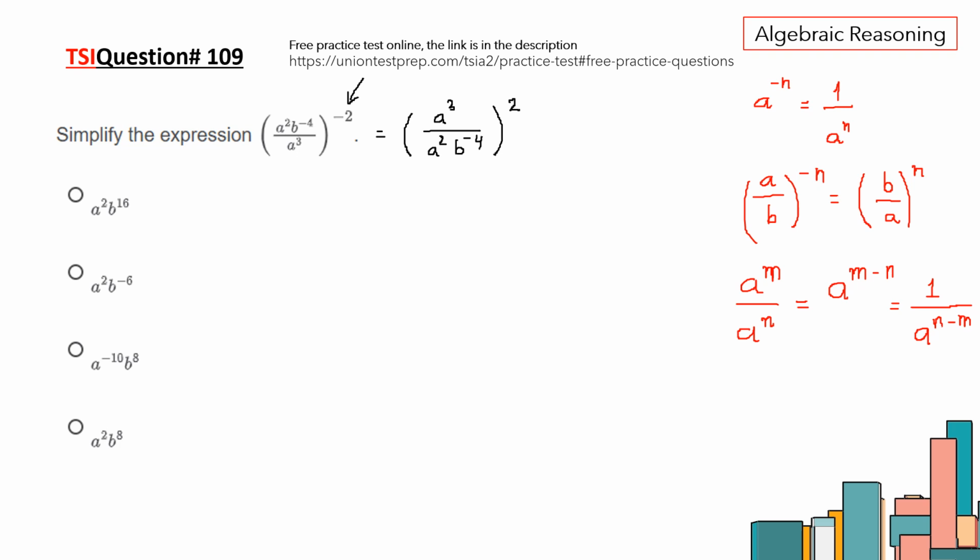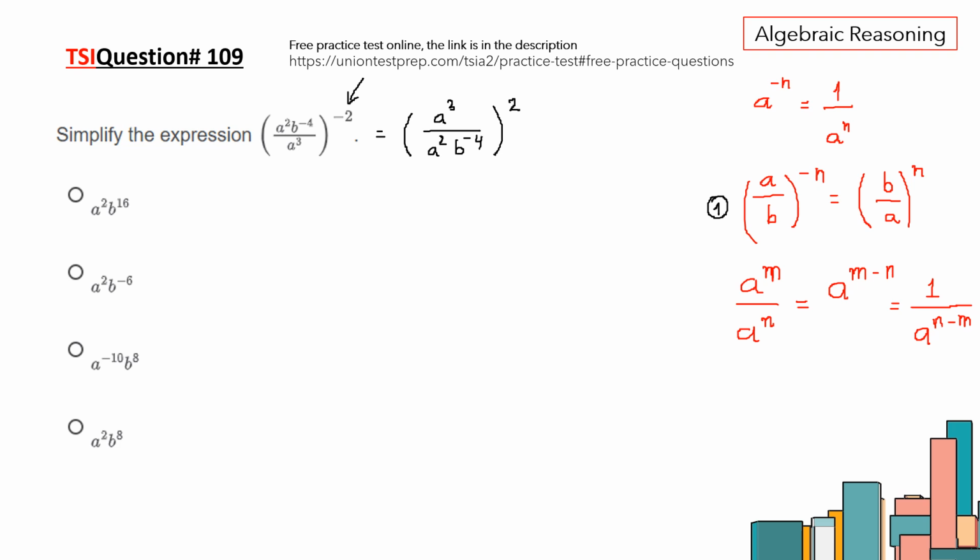See that from negative we go to positive, and we use this one in the first step. You can distribute the 2 inside, or you can just simplify it first and then do the distribution later.